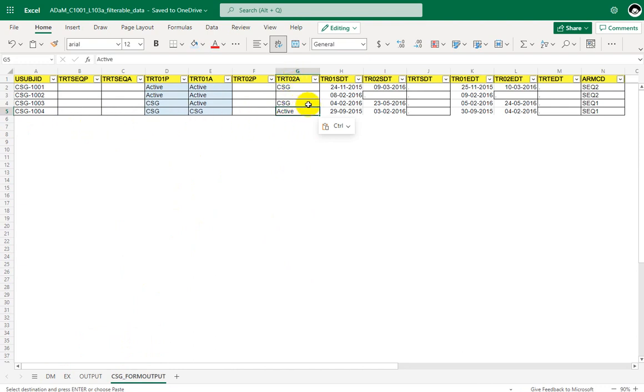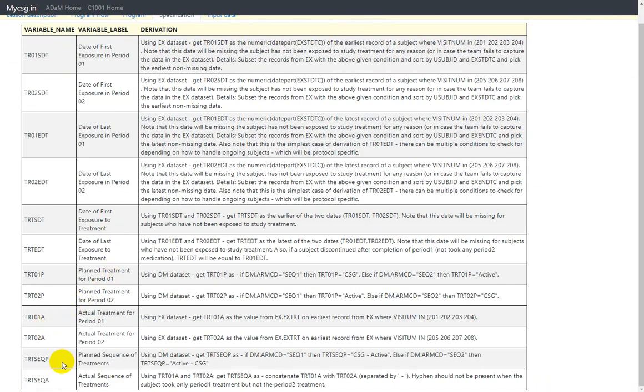So for TRT02P, we were asked to populate it using the ARMCD variable. So we have to populate it as active for the cases where ARMCD is equal to seek1.